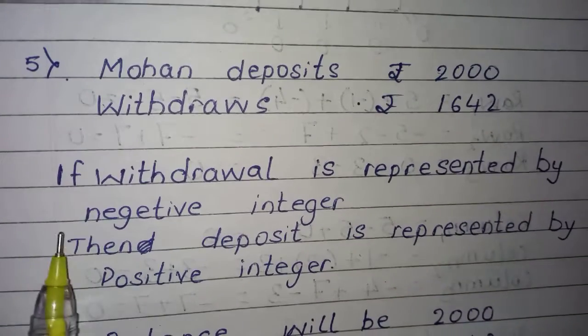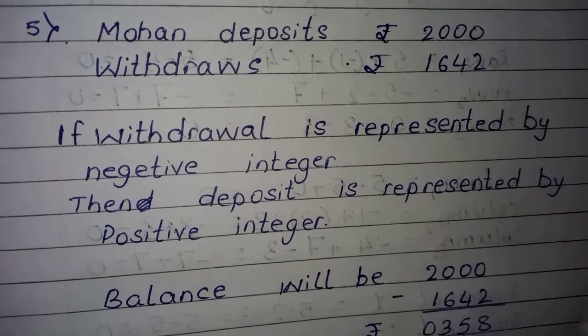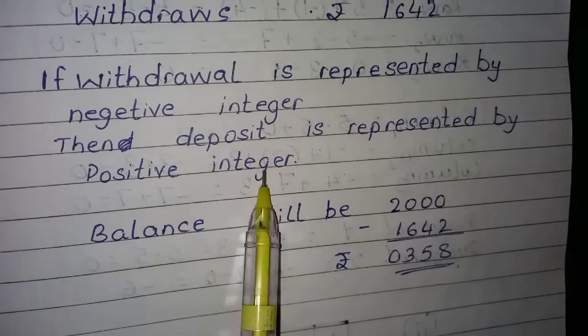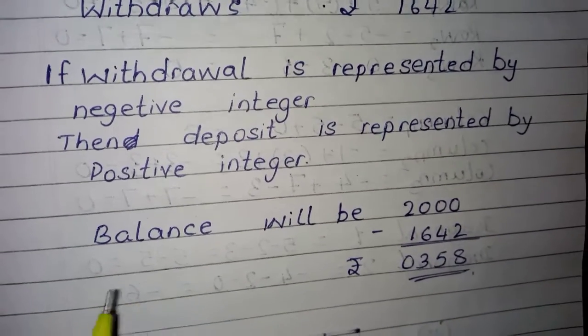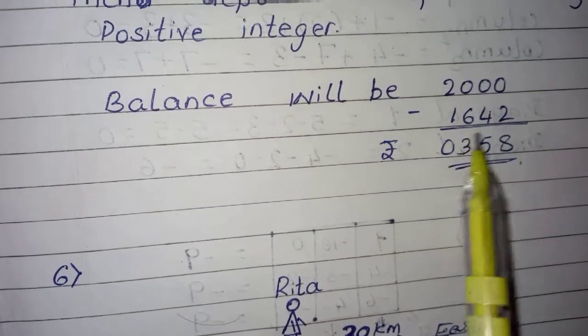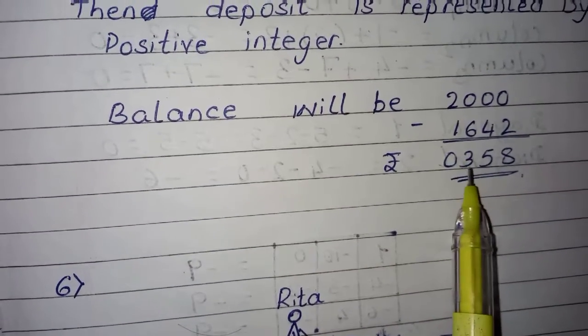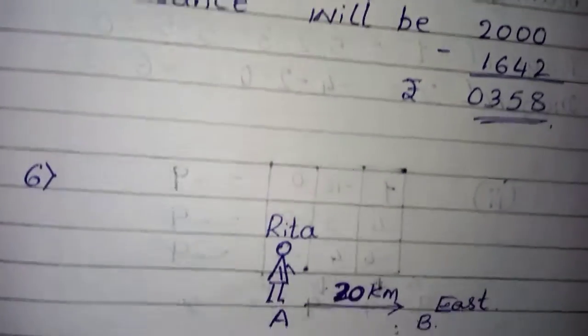If the withdrawal is represented by a negative integer, then the deposit is obviously represented by a positive integer because it is being added into his account. Now the balance will be his deposit minus his withdrawal. That gives me 358 rupees. Now the sixth question.